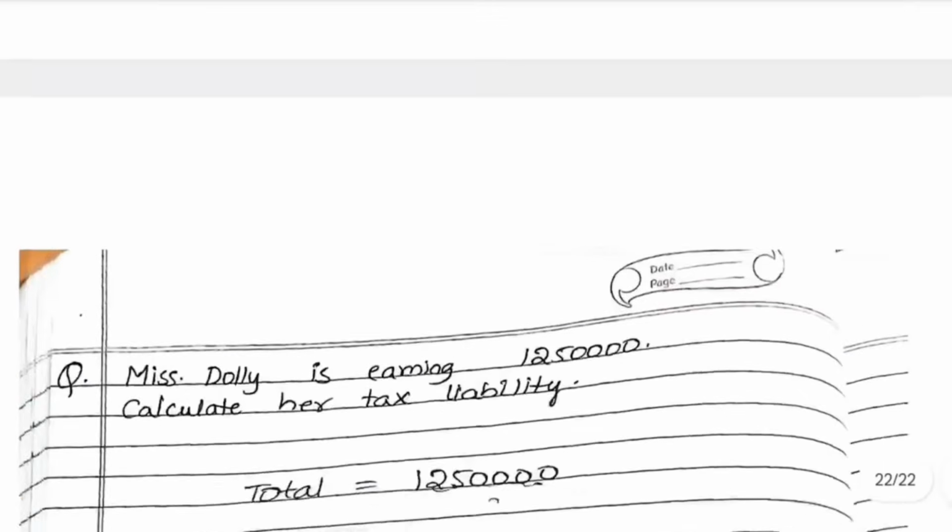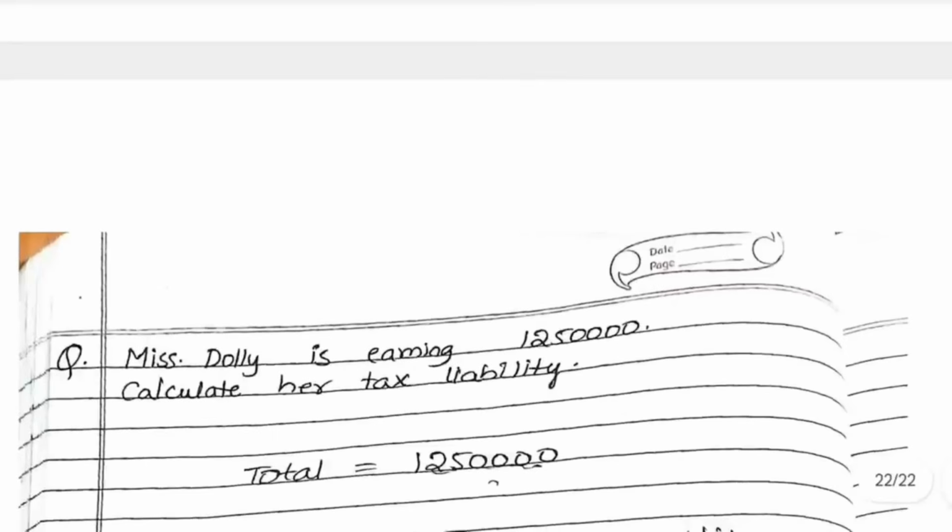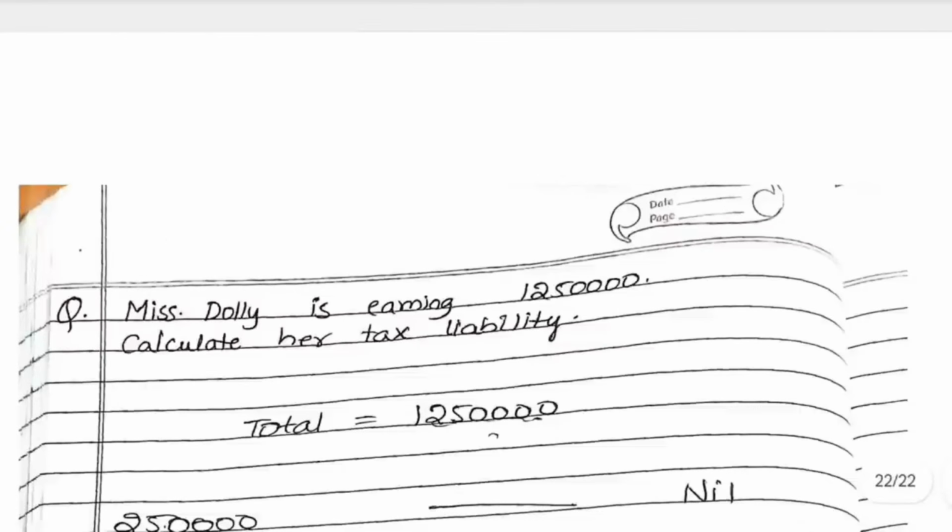So see here, Miss Dolly is earning 12,50,000. Calculate her tax liability. Did they mention the age of Dolly? No. If age is not mentioned, what do we need to take? Senior or super senior or non-senior? Non-senior. 12,50,000 is the income.